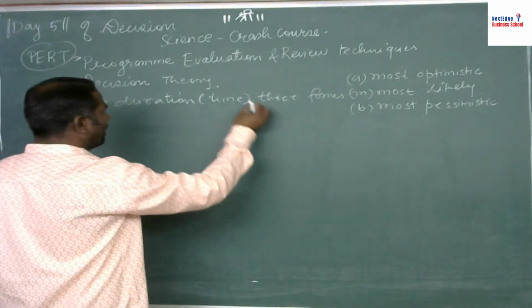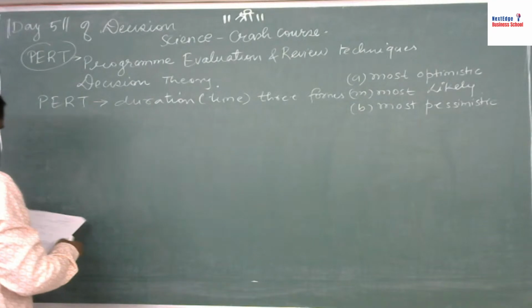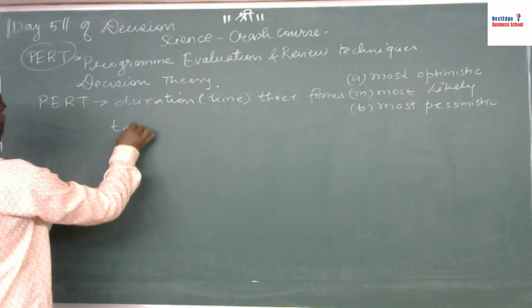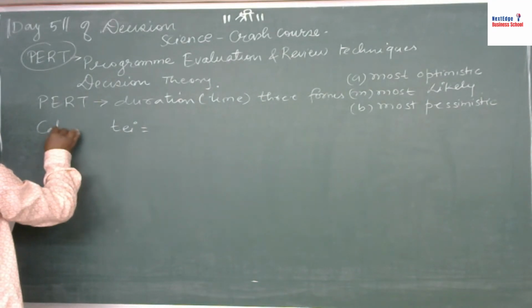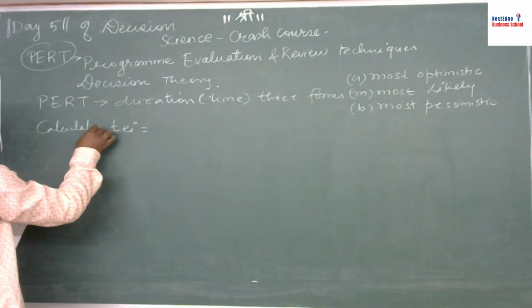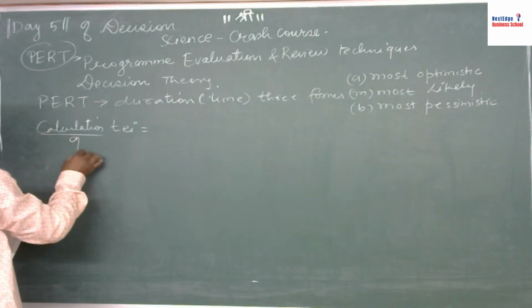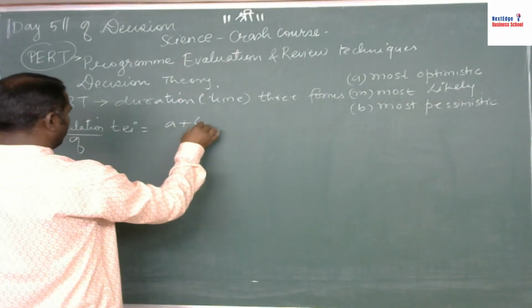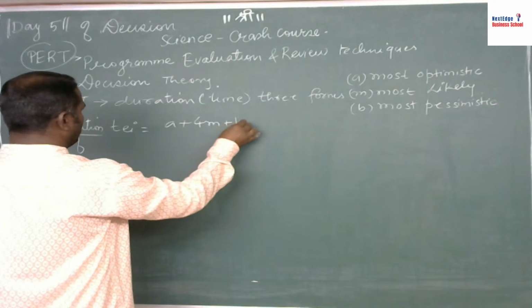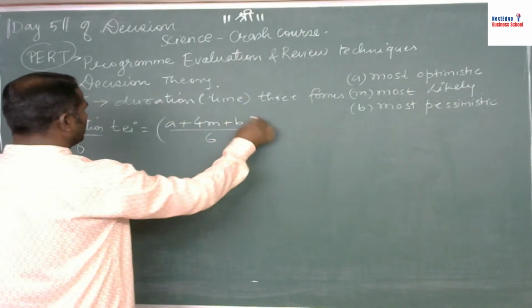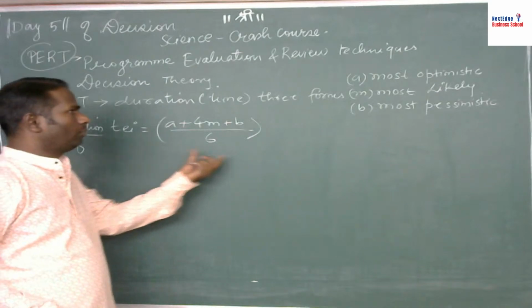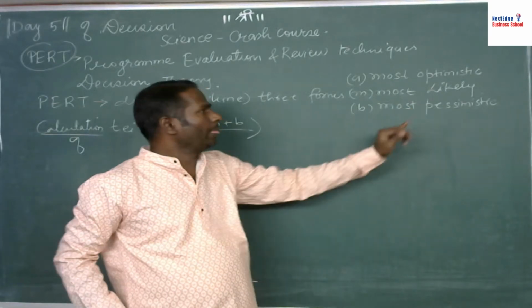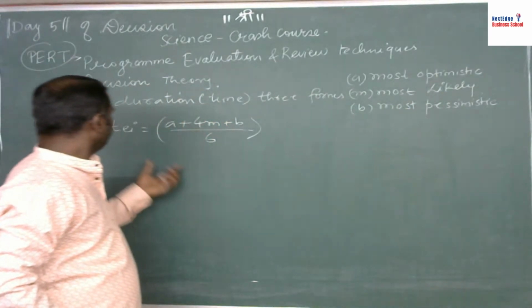Calculation of TEI, the expected time, is equal to (A plus 4M plus B) upon 6. By using this formula, you can convert these three times into TEI.